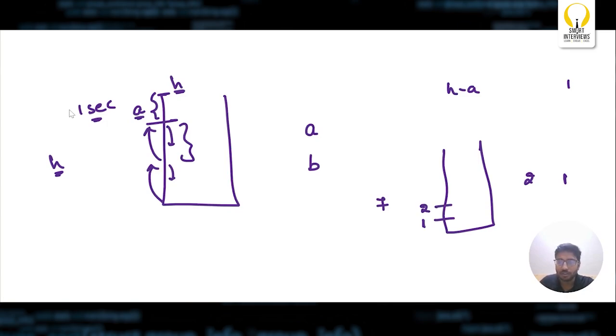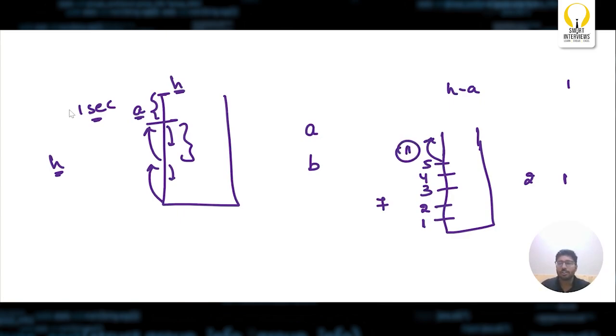After the second, it will come here, third second, fourth second, fifth second, right? After 5 seconds, it will come to a height of 5. In the next second, it will simply jump 2 steps up and climb up, right?